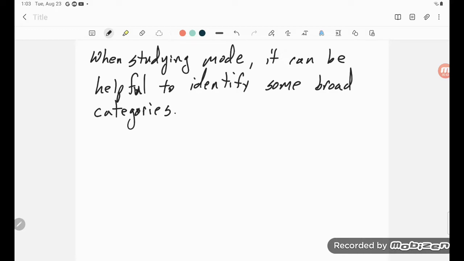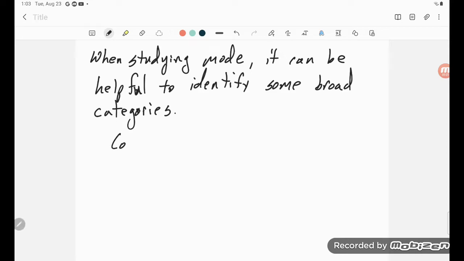We're going to look at 4 categories. There are 2 groups of 2, really. And it can be helpful also to look at organizational structure.